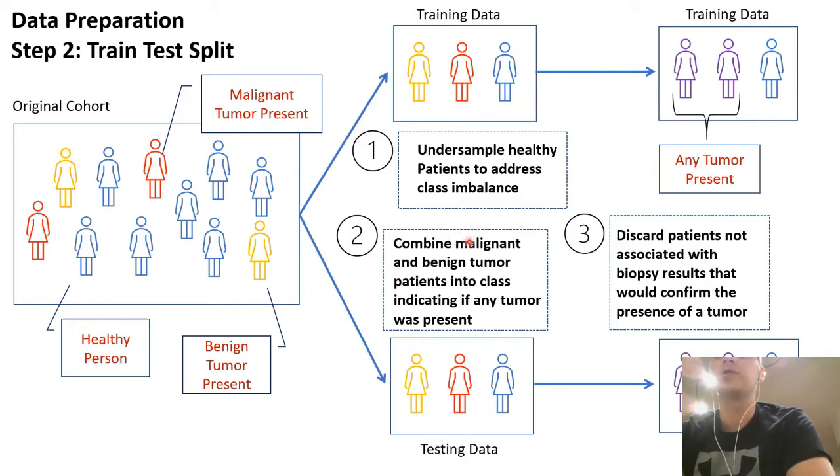The second thing was to combine our malignant tumors and our benign tumors into a single class, because we didn't have enough images to identify them separately. And the last thing we did was discard images that did not have a true label, which was associated with the biopsy result.